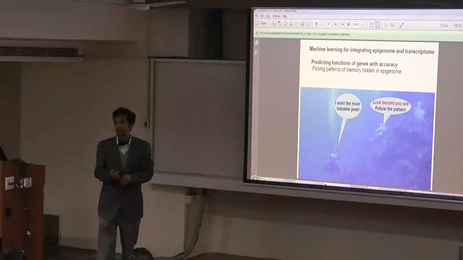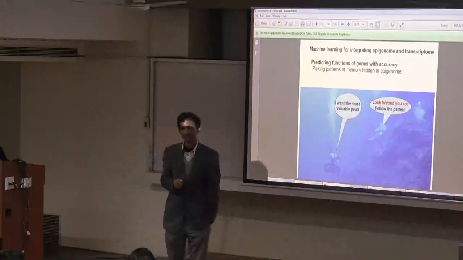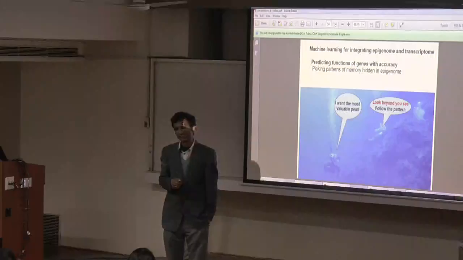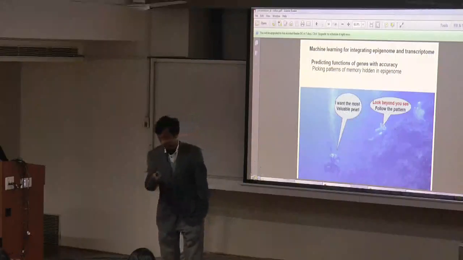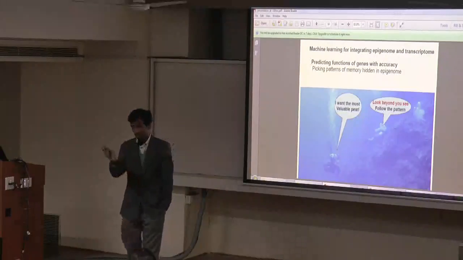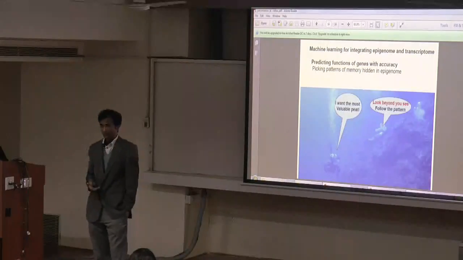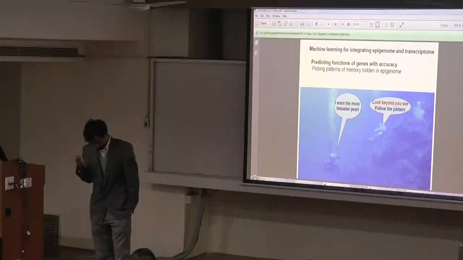Finding the most valuable part is not about the rarest event. It's not the rarest, but the most valuable. For example, everybody is vaccinated, yet the epigenome study for vaccination has not been done.